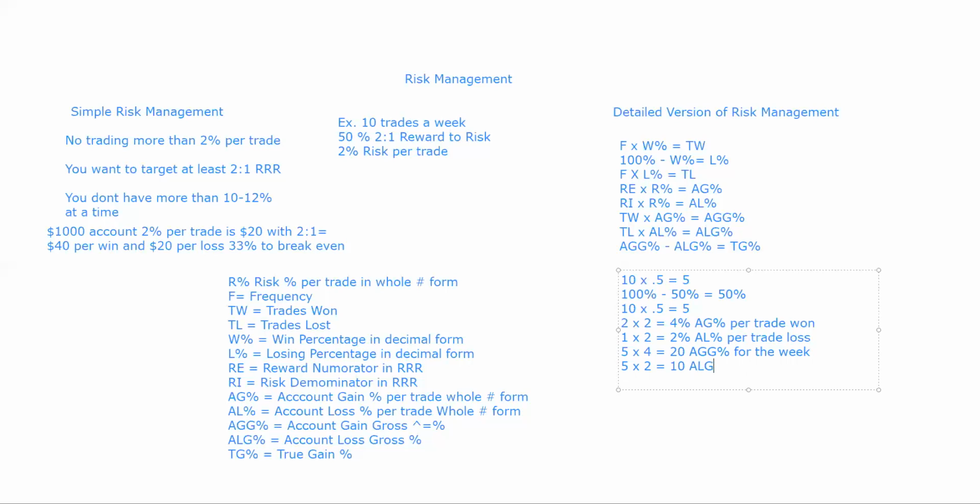So account loss percentage for the week. And simply at the end, you would just do the 20 minus the 10, and your total gain for the account for that week would have been 10%.